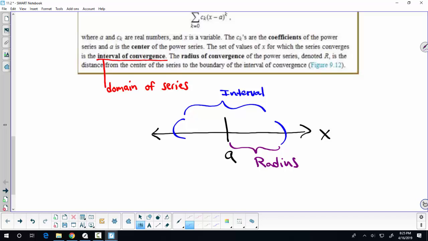As long as we plug in these x values into that series, whatever the series is, it will equal a particular function. As soon as we get out of that interval, it's no longer equal to that function.